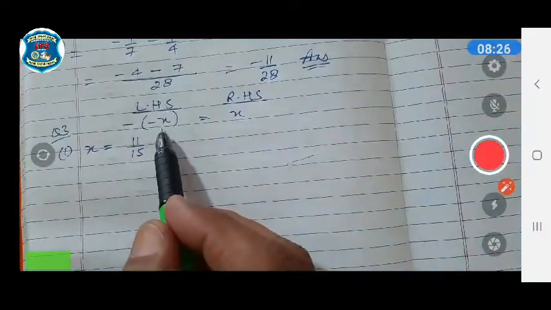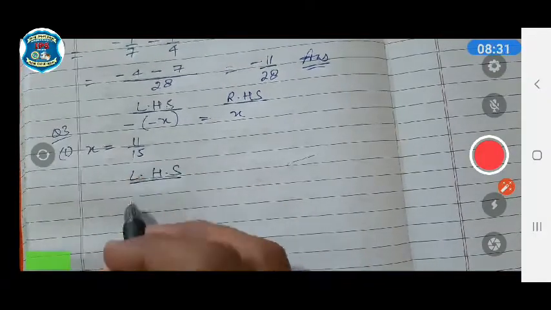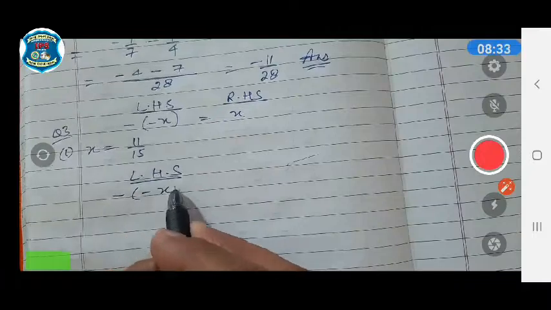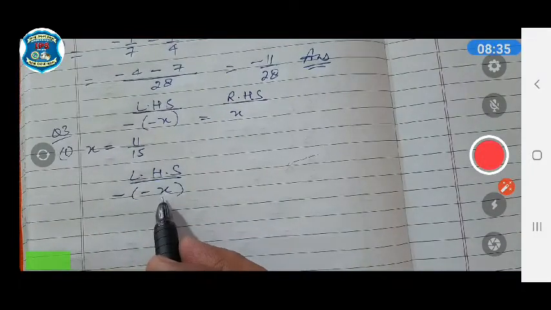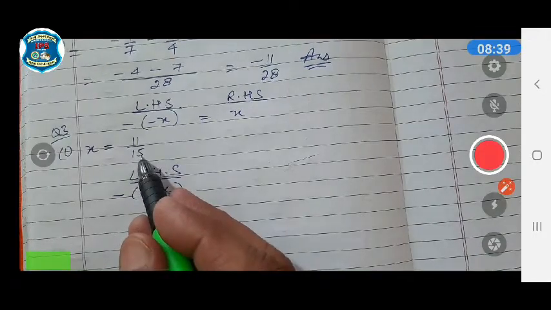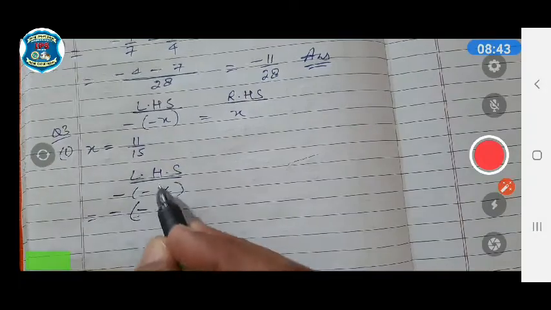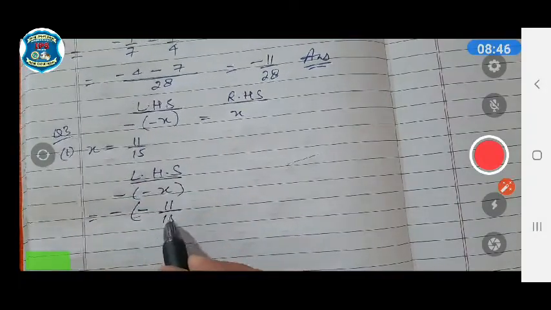Let us take the first left hand side. It is minus into minus x. We have to find the value of this. And the value of x is given 11 upon 15. Put this value.